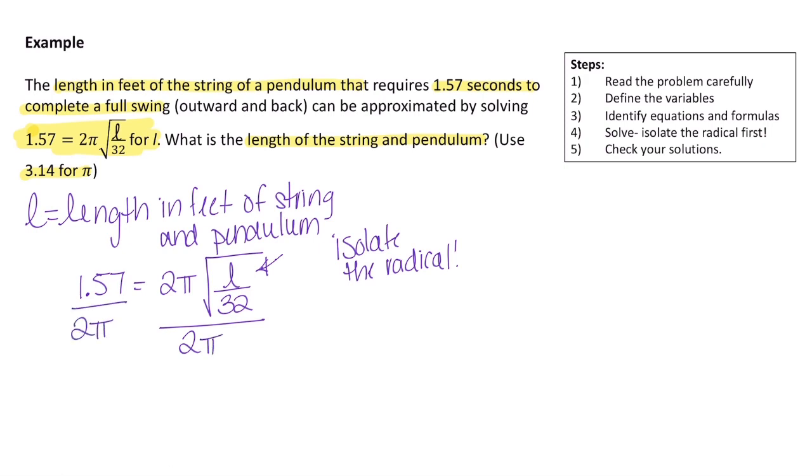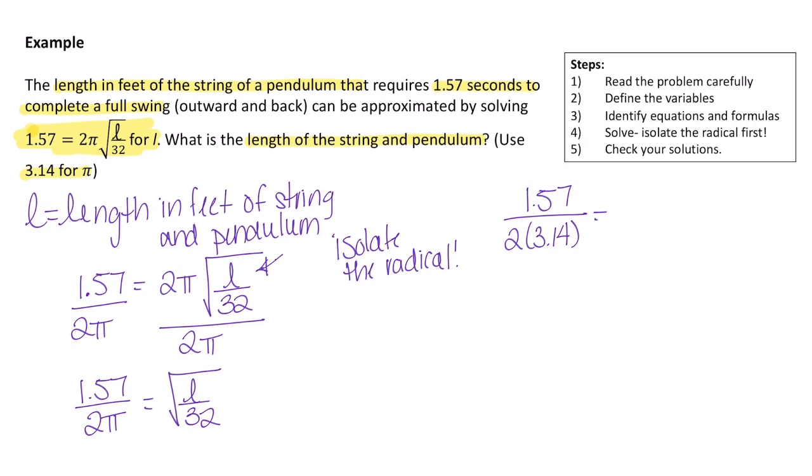And so that gives us 1.57 over 2 pi equals the square root of L over 32. Since it gives us a value to use for pi, I'm going to go ahead and plug that in. So this is 1.57 over 2 times 3.14 equals the square root of L over 32.